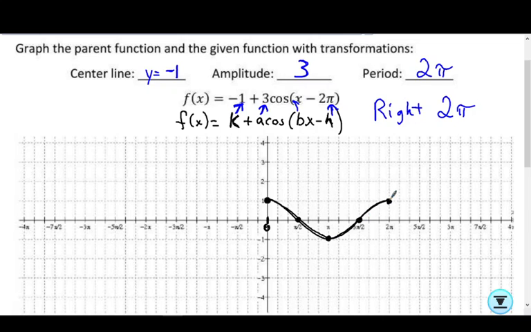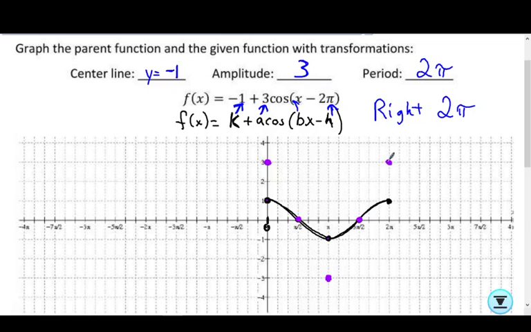So if I'm doing transformations, we do any kind of stretch or compression first. Since I have no change in period, I don't have to do a horizontal stretch or compression. The next one is my vertical stretch or compression, which is my amplitude. My amplitude is now 3. So instead of it going up to 1 and down to -1, it's going to be stretched to 3 and to -3.